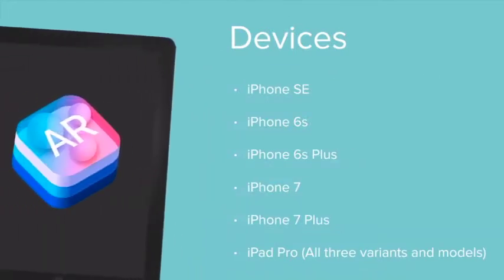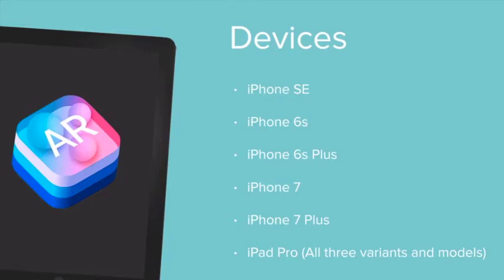In terms of devices, that basically means anything released after the iPhone 6, including the iPhone 6s, Plus, etc. You can read down the list, and it doesn't mean that if you have an iPhone 6 the app won't run. It usually means that it won't have world tracking enabled.